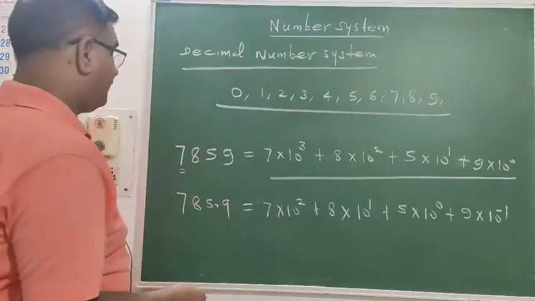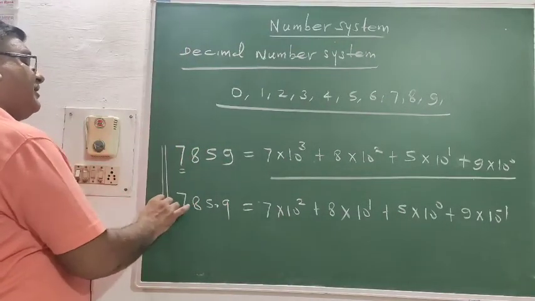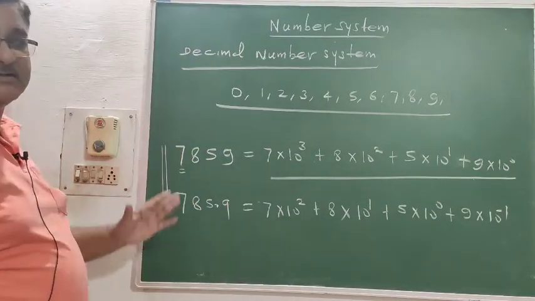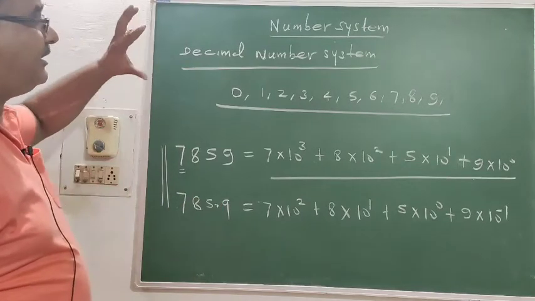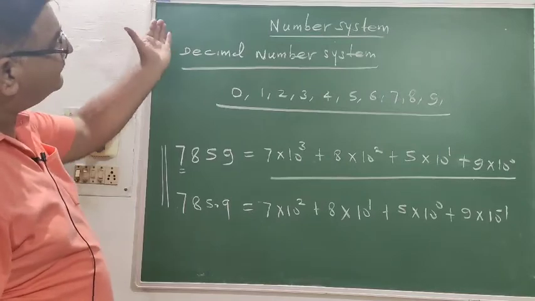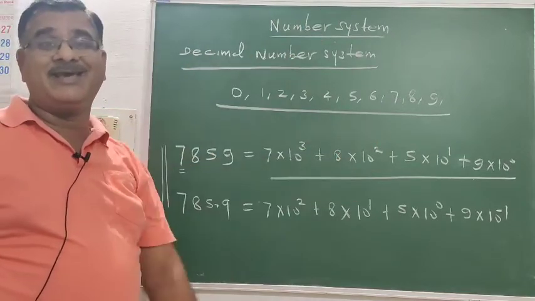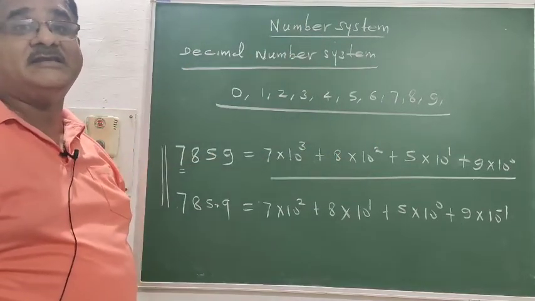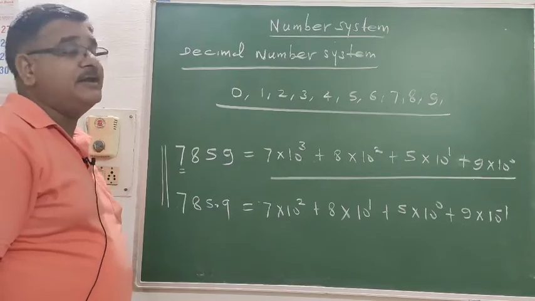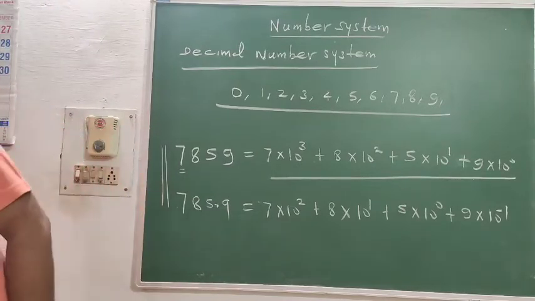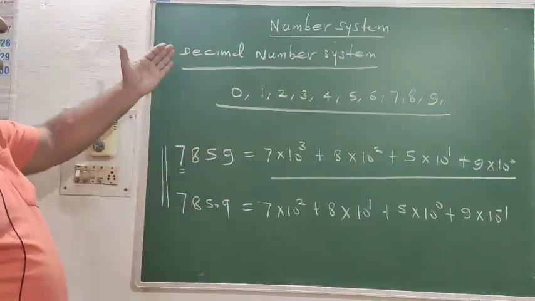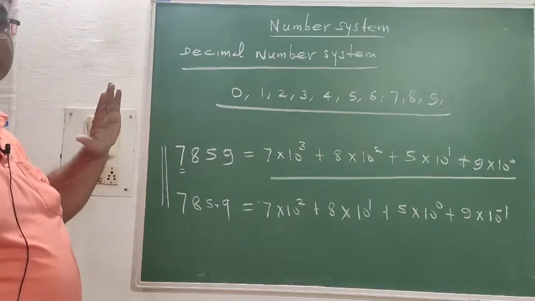This is the place value for the decimal number. Dear children, we convert this decimal number system into the language of the computer, that is the binary system. So today we discuss the conversion of the decimal number system to the binary number system.